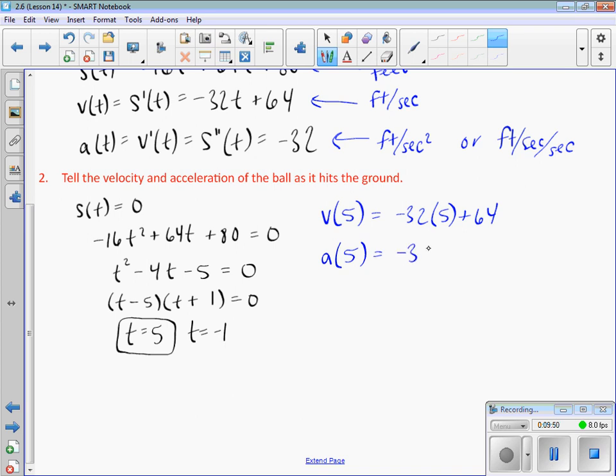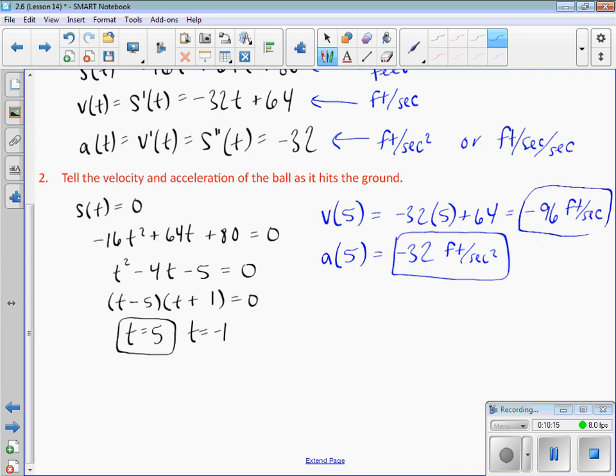Yep, that's good. And the velocity, did anyone come up with that? Negative 96. And the label is feet per second, we said. So that just means that it's traveling down at 96 feet per second, which makes sense because you threw it off of a cliff, right?